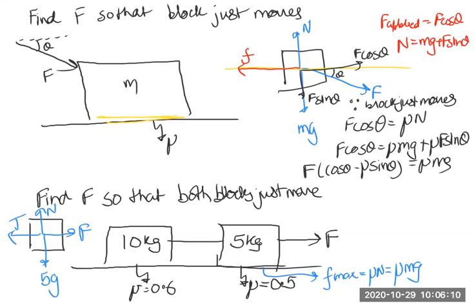Please look at the FBD that I have drawn for the 5 kilogram block. Is there an ambiguity in F applied? What is the value of F applied?